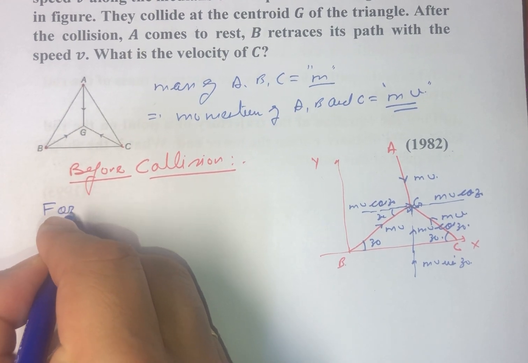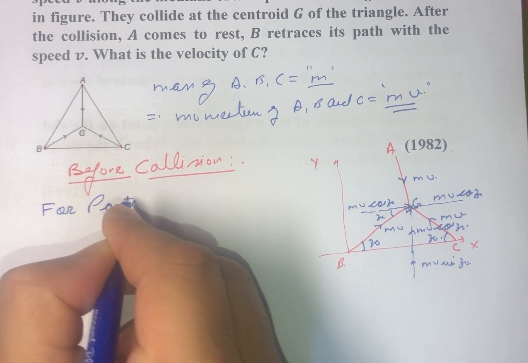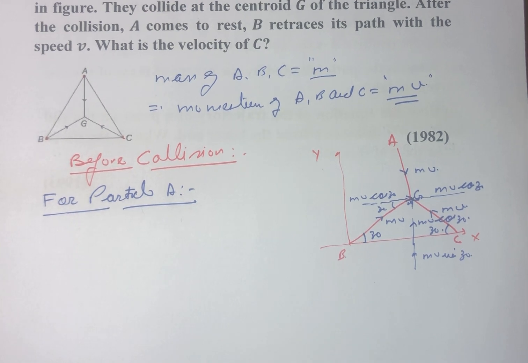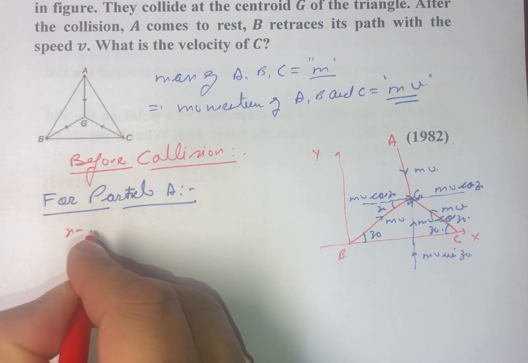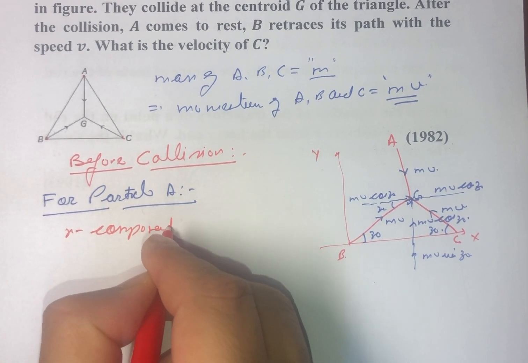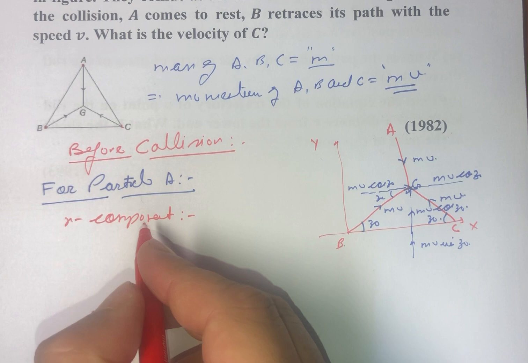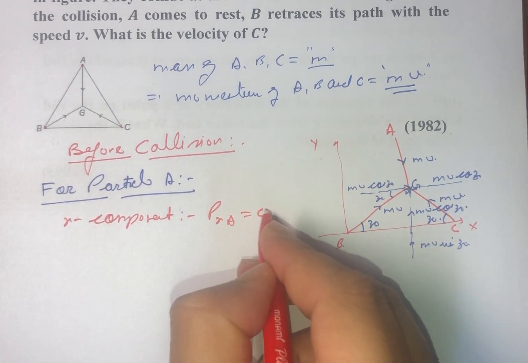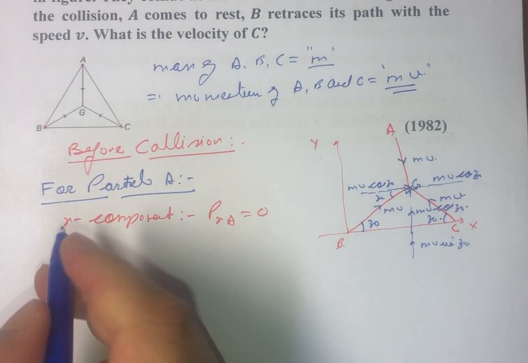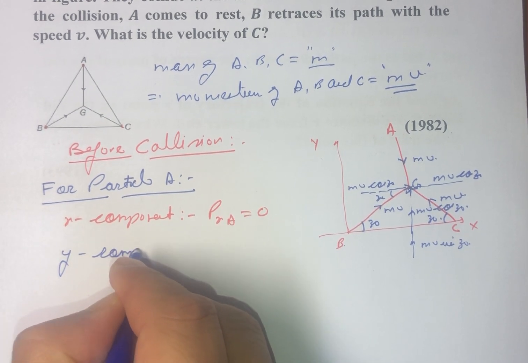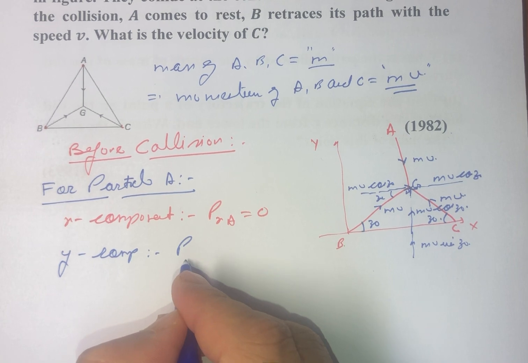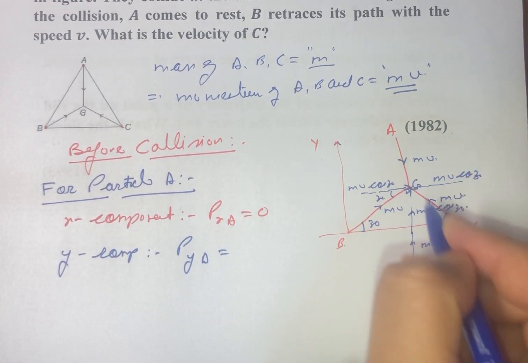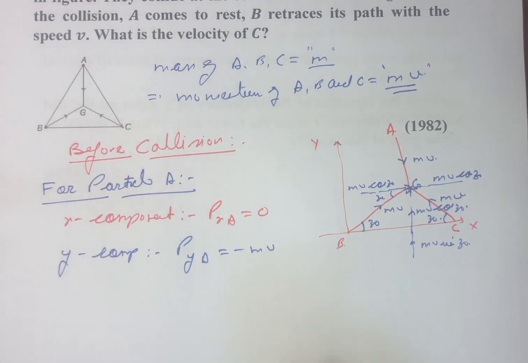For particle A, its x component we can write as pxa, which will be equal to 0 because it is moving vertically, and its y component, pya, is equal to mv, and moving downward it will be minus mv, because y is positive upward.